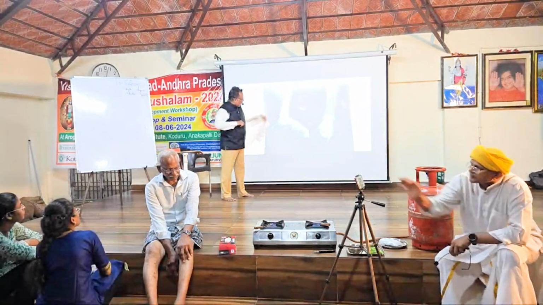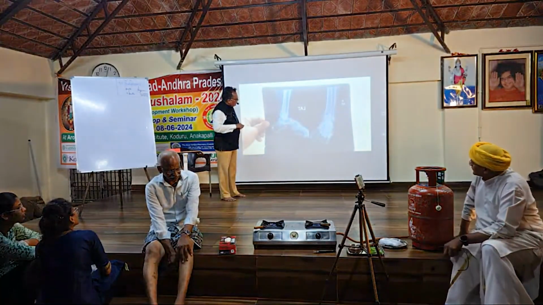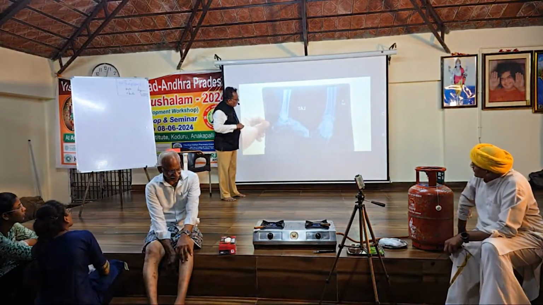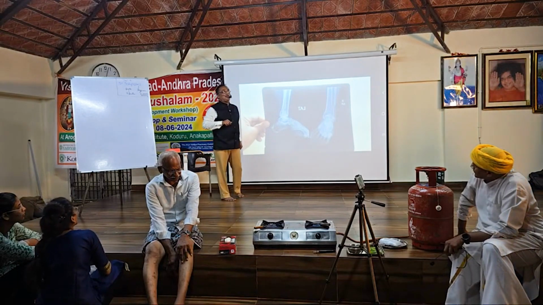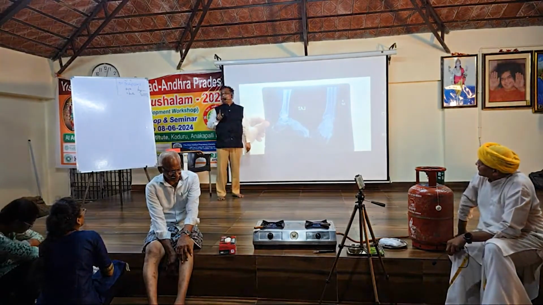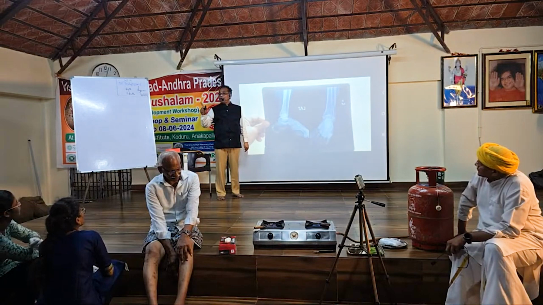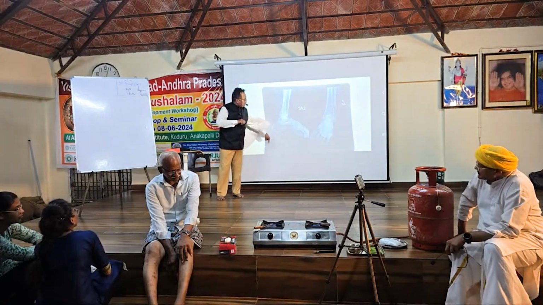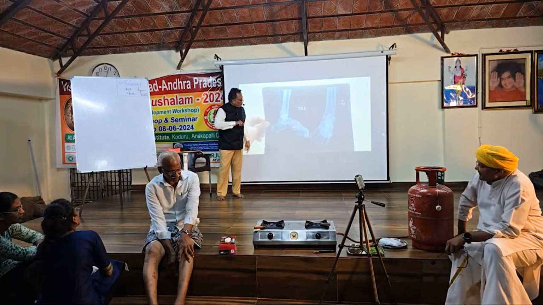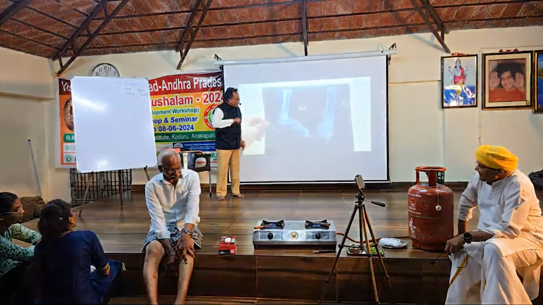And any damage, this is the calcaneum. This is the navicular. And these are 3 cuneiforms, medial, intermediate, lateral, and 1 cuboid. And this is navicular, cuboid, cuneiforms, calcaneum, and talus.